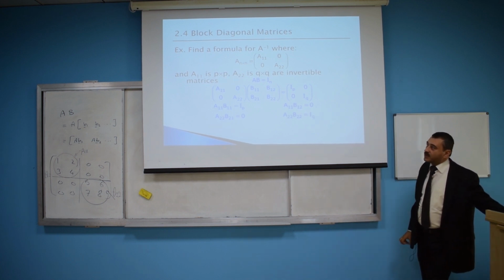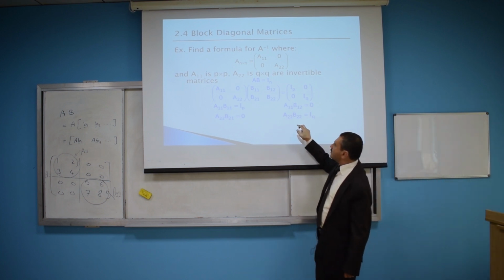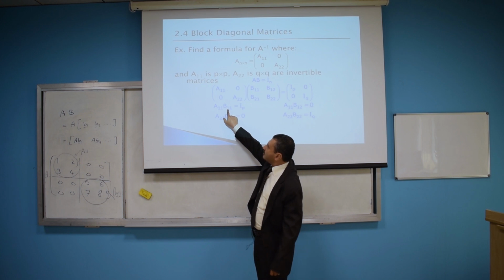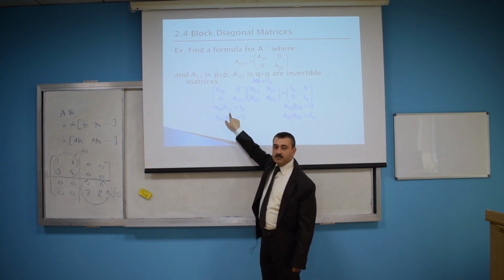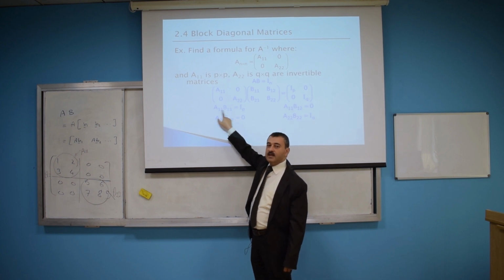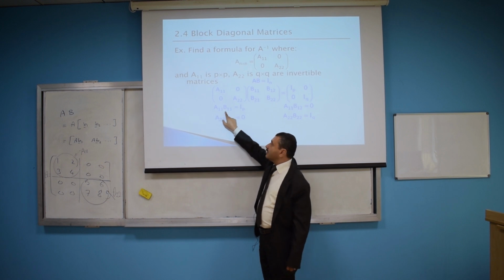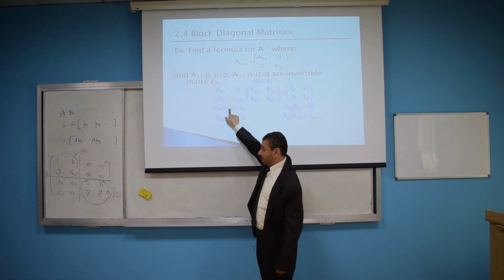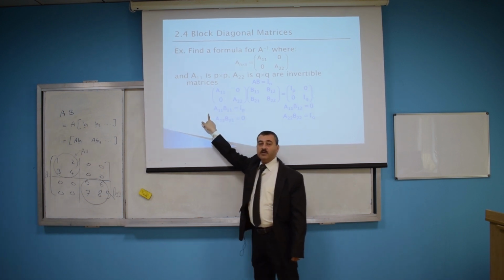So let's solve these equations to get the blocks of B's. So for example, A11, B11 equal to identity. So B11 is the inverse of A11, right? So we know now B11 to be the inverse of A11.